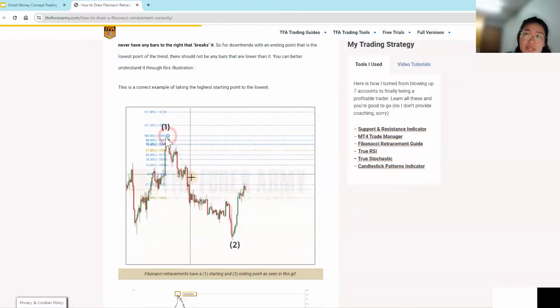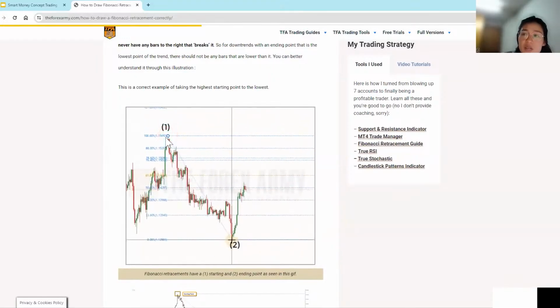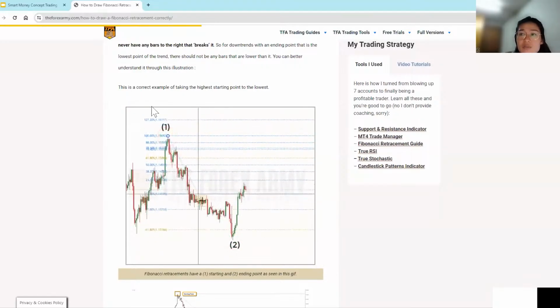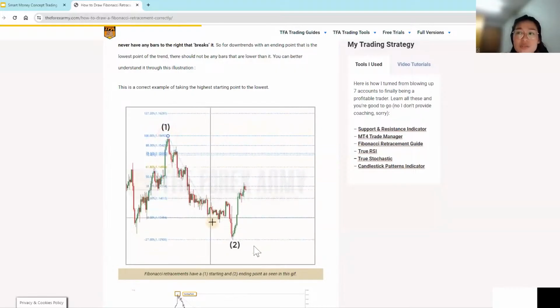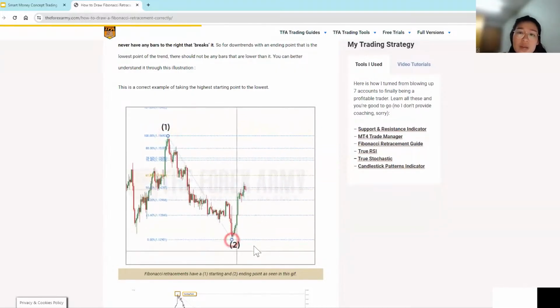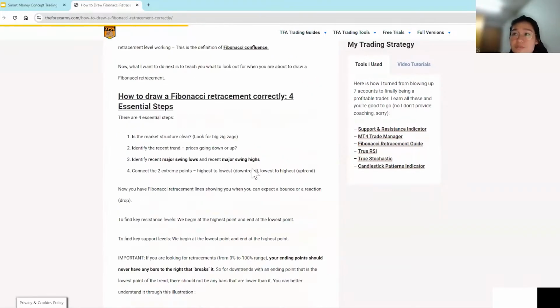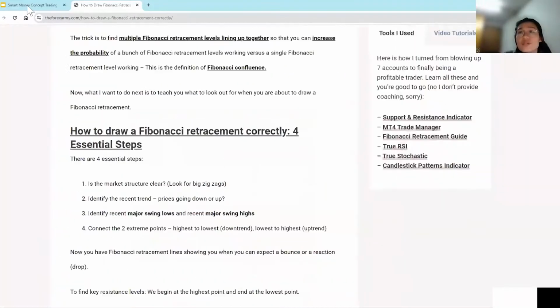So it's super basic: taking your retracement, your Fibonacci tool, from the highest point to the lowest point, and then seeing where the levels line up or where prices have in the recent past reversed off of those levels or have tested those levels. Pretty straightforward.